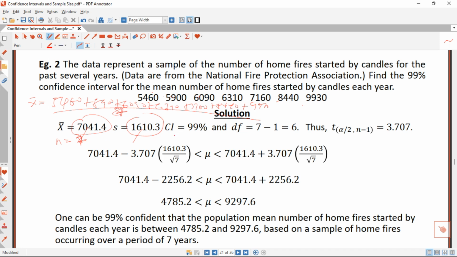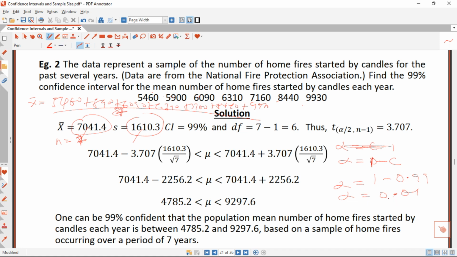So what is left for us to look for is our t subscript alpha divided by 2, n minus 1, and we know that alpha is equal to 1 minus c. Alpha here is equal to 1 minus 0.99, which gives alpha to be 0.01, right?